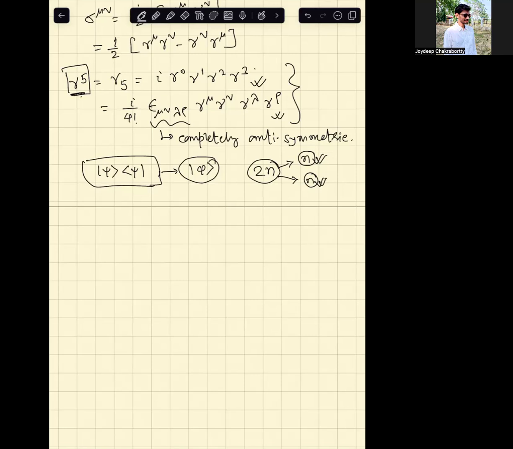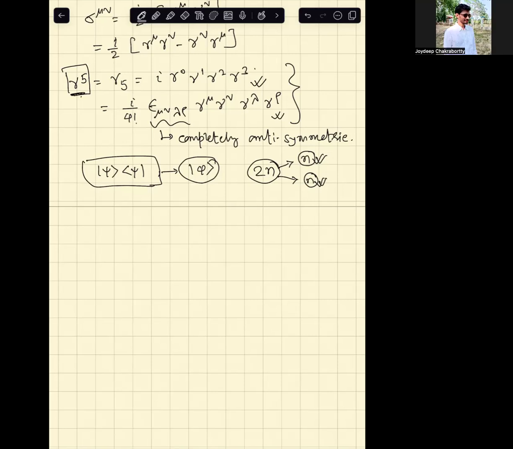So maybe when we talk about the Lorentz group representation, then I will make a brief discussion on how to write down the gamma matrices in generic D dimension. Does that answer your question? Yes, sir. Okay. Thank you.